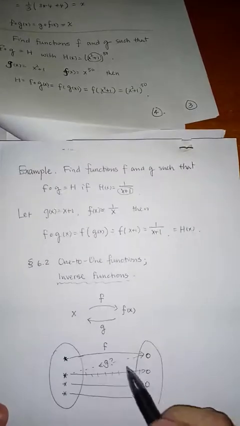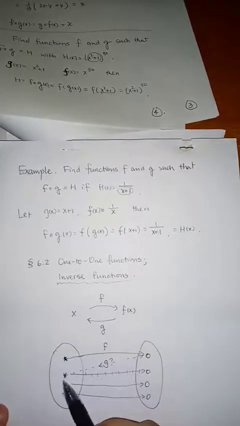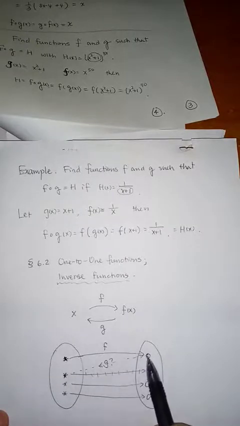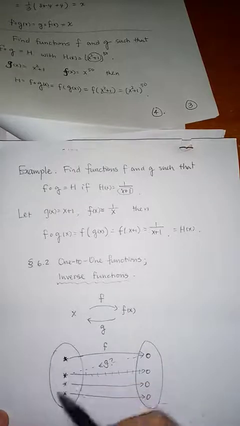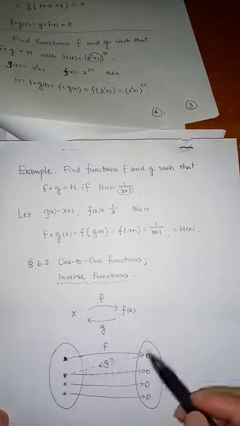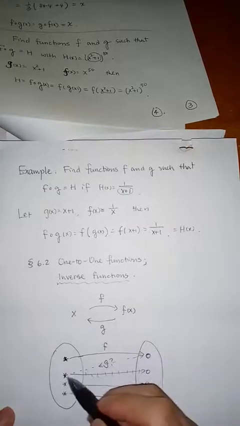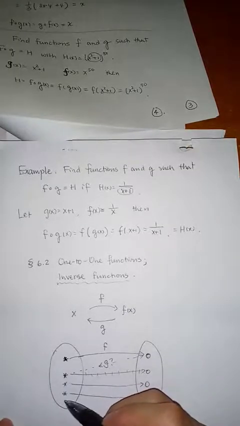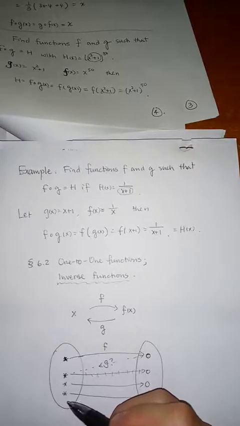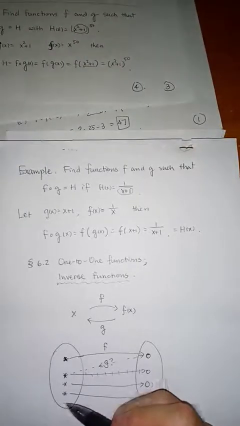Because it has two preimages. We call it preimage. You have two stars. They're both mapped to the circle. But when you go from circle to star, you cannot have two images. One circle can only have one image. So it cannot be defined as a function.